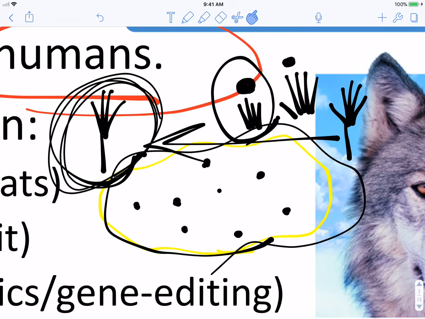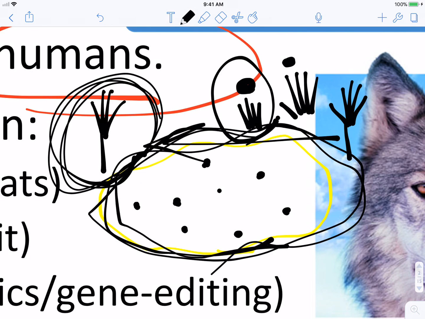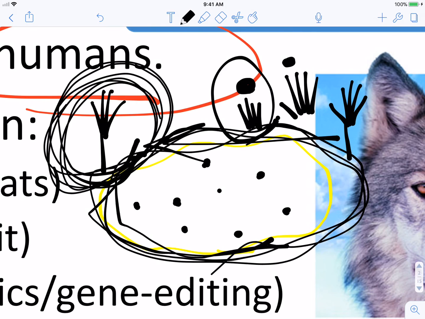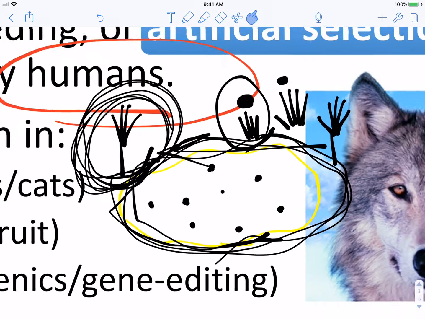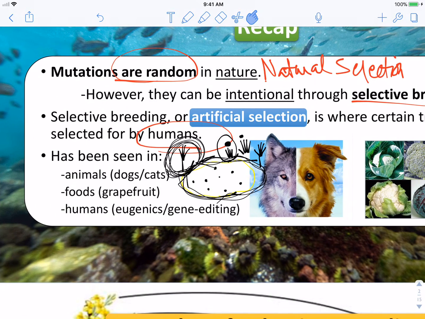That is natural selection. Your environment, the fact that it's good and complements your own mutations well, means you are going to be well off and you are going to be able to reproduce. That is what natural selection is.